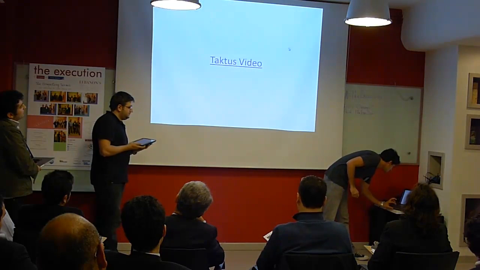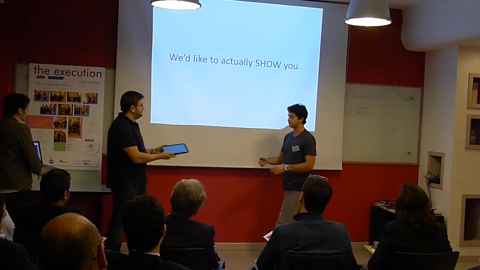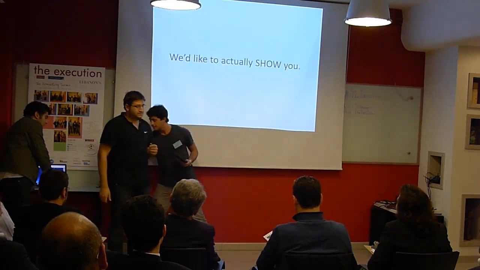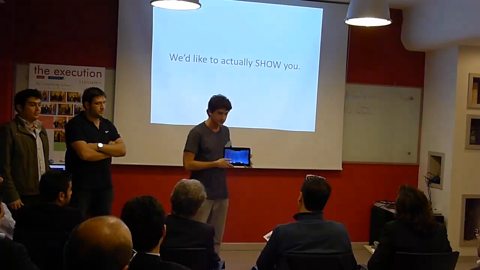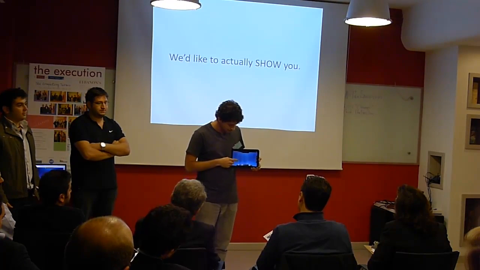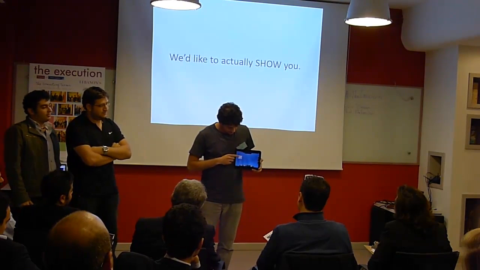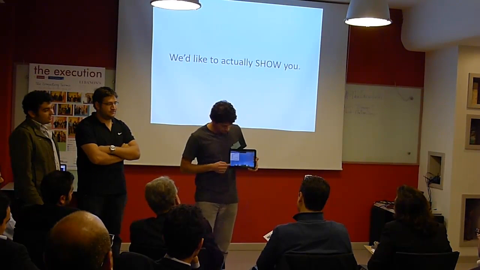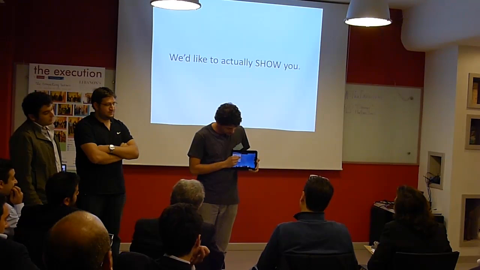So we'd actually like to show you now what Taktus can do. So this is Taktus. This is its basic interface. Now, I want you to imagine right now that you are a bunch of architects, and this is your blueprint, and you decide that you want to focus a bit on the plumbing.